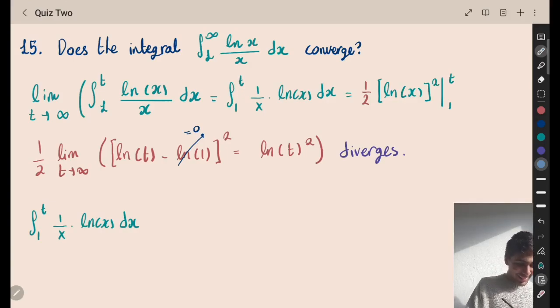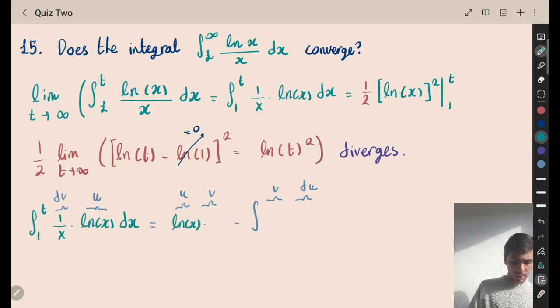So I don't know how to integrate ln of x, so I'll choose it to be my u. I'll choose this to be dv. And then I'll write this as uv minus the integral v du. So that's how it works. I get ln of x times the integral of 1 over x, which is ln of x.